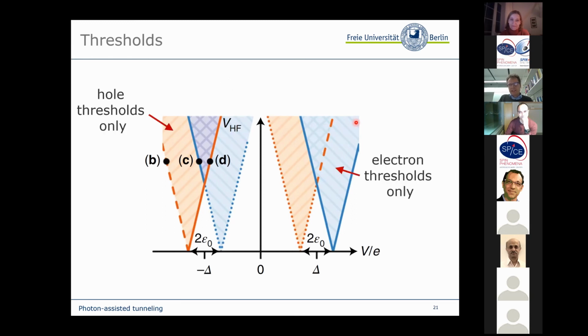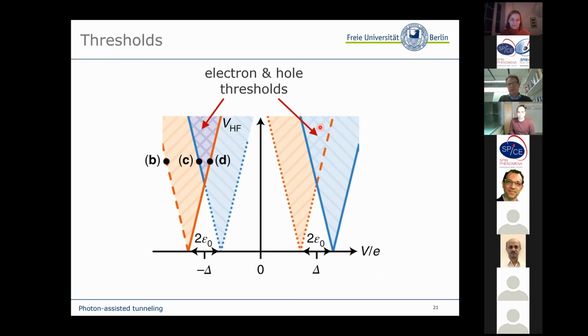But we do expect to see thresholds in this region, because here hole tunneling is possible, and here electron tunneling is possible. But we would only see the electron thresholds here, because there are no hole thresholds outside of this region. And here we would only see the hole thresholds and no electron thresholds. But finally, in these overlap regions where these two cones overlap, we would expect to see both the electron thresholds and the hole thresholds. And same here at negative bias.